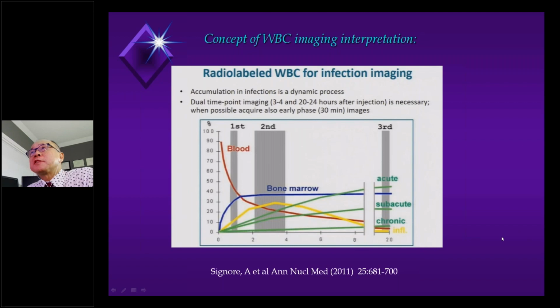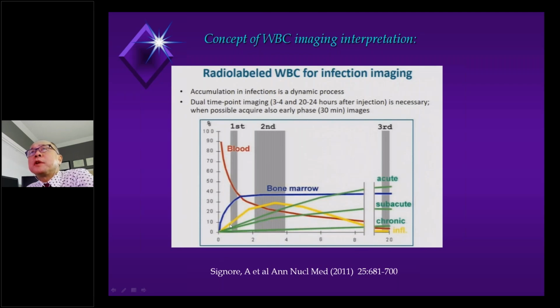You need to get into the several days. And this is where the longer-lived nuclides such as gallium and of course indium white cell would have the advantage. So that is the price we pay. This is not necessarily the best, and in fact it is not an ideal tracer for, say, chronic infection. And of course subacute would be somewhere in between.